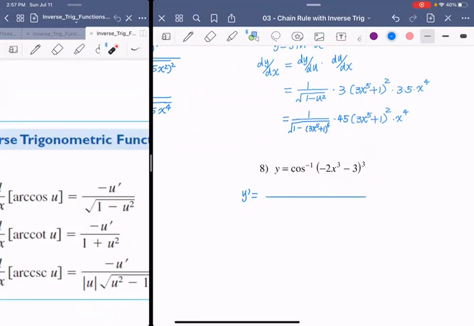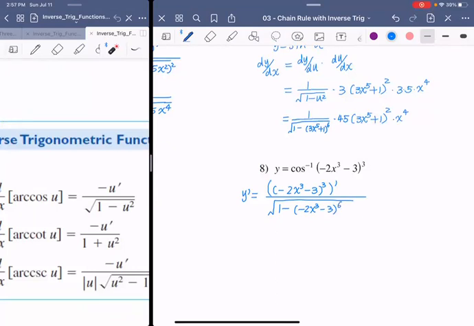So we are going to take the derivative of the whole package, divided by the square root of 1 minus the whole thing squared. All of this to the power 3 to the power 2, which is to the power 6, right?